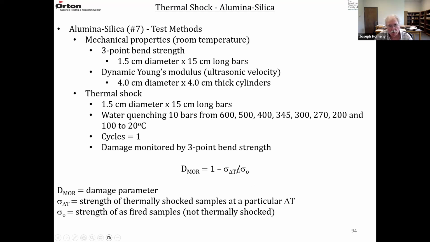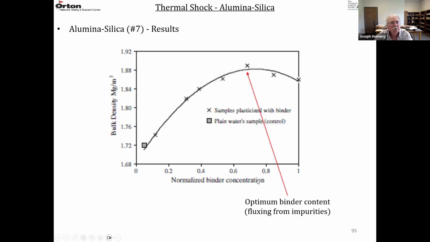So if there was no change in strength at a particular delta T, this term would be close to 0, and the damage parameter would be close to 1. If there was a lot of damage, say at a higher temperature like 600, this would decrease, and this would be some number much less than 1. So as D decreases, the damage increases.